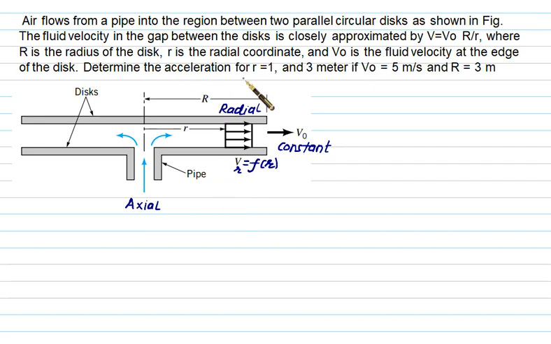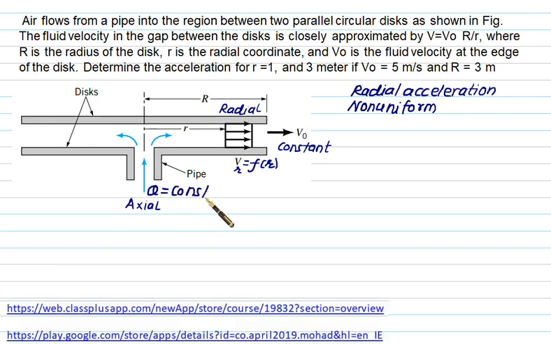Determine the acceleration for r equal to 1 and 3 meter if V0 equals 5 meter per second and the radius of the disc is equal to 3 meter. Clearly here VR, the velocity at any radius r, is a function of r. It means VR is variable, therefore the flow is non-uniform, and the discharge remains constant with respect to time, therefore our model is a steady flow model.